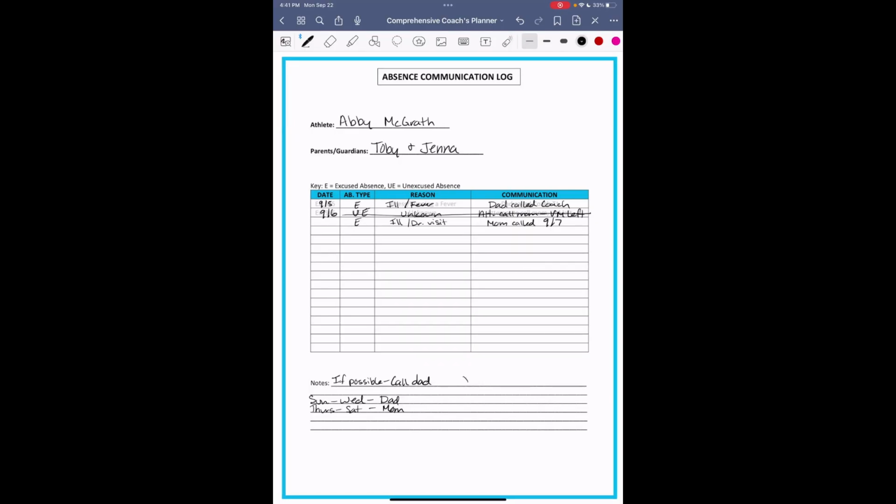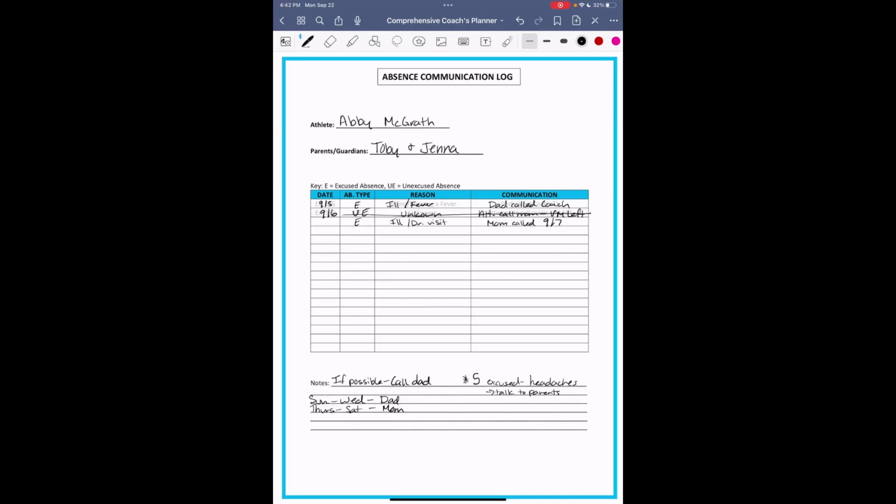But we can make a note that there has been 5 excused absences for headaches. And maybe we need to talk to mom or dad about all of these absences and how they're affecting not only Abby, but also the team. Maybe this is a meeting that we need to start having. Even though they're excused, they're hitting a number that warrants that conversation and some problem solving.